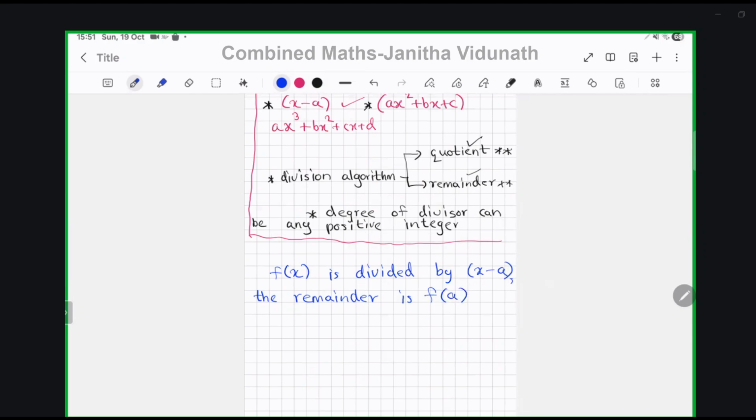This is the shortest form of the remainder theorem.